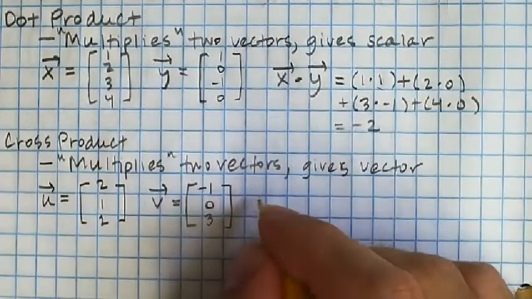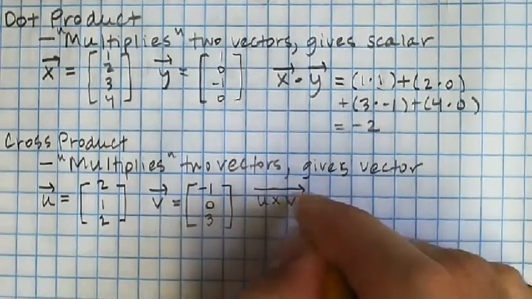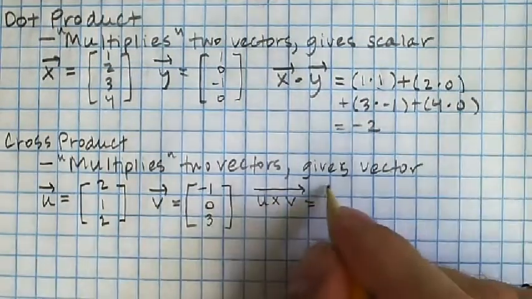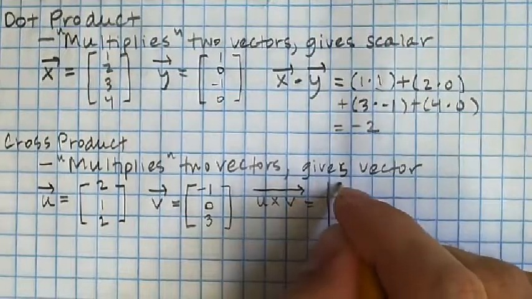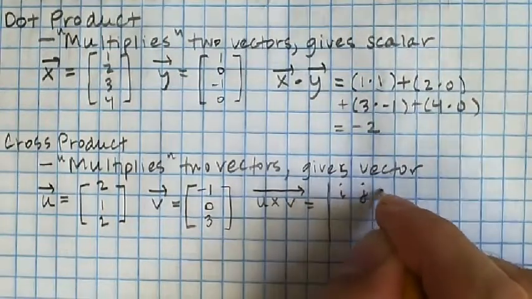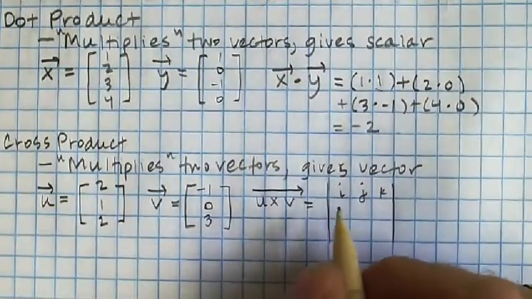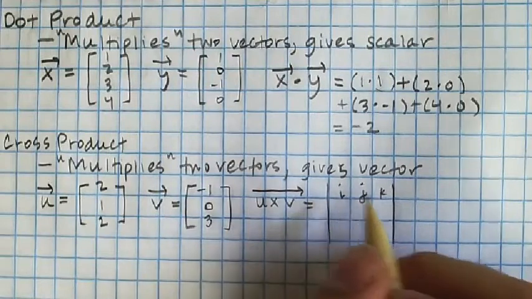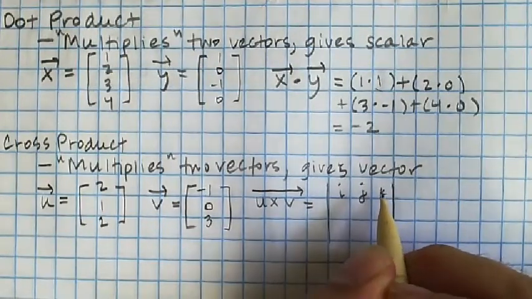Okay, and what we do to get U crossed with V, which is itself a vector, is we set up a matrix with i, j, and k, where, since I'm just starting this class and I'm not really assuming that anybody's taken physics, i is the unit vector in the x direction, j is the unit vector in the y direction, and k is the unit vector in the z direction.